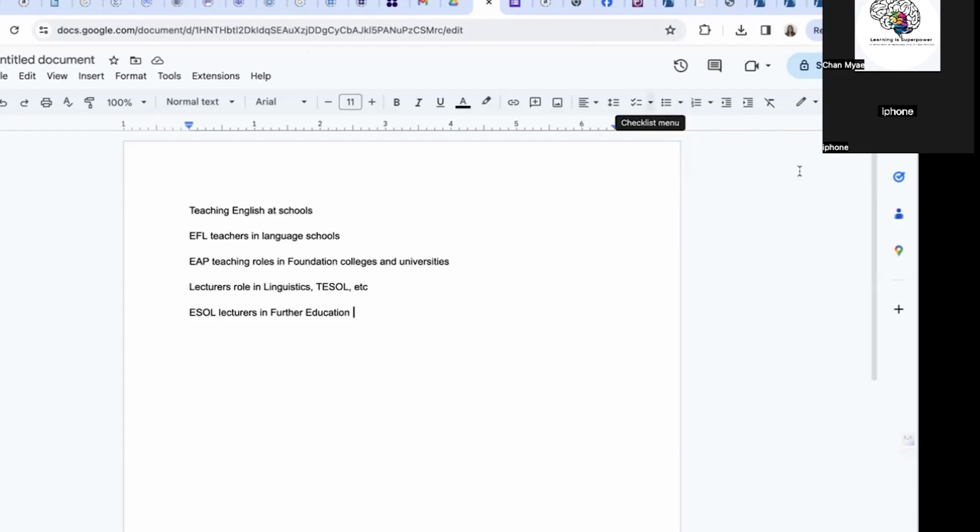Now, if you think about teaching English at school, somebody has already mentioned DBS. For DBS, if you work with children, you need it for all the roles. But for teaching English at schools, you'll need a degree called PGCE, Postgraduate Certificate in Education, or PGDE plus QTS, which is Qualified Teacher Status.